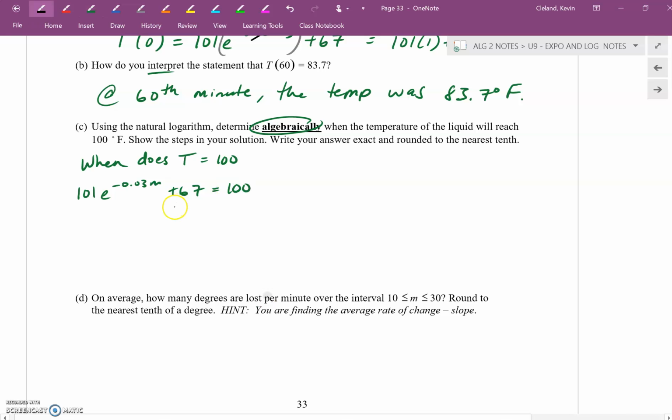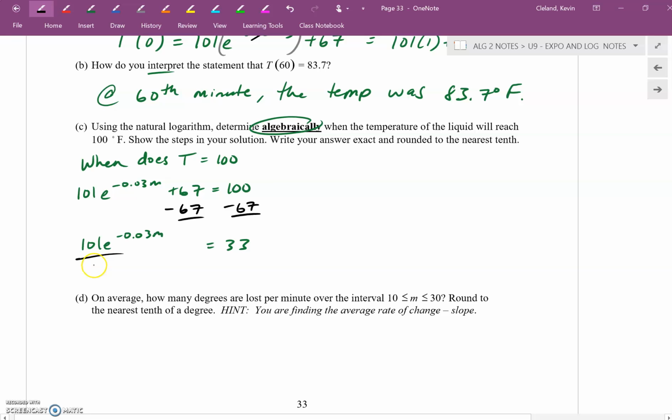Okay, inverse operation time. Remember, to solve any exponential, we isolate the exponential part, then use logarithms to eliminate that exponential aspect, to invert it. So we've got 101e^(-0.03m) so far equals 33.